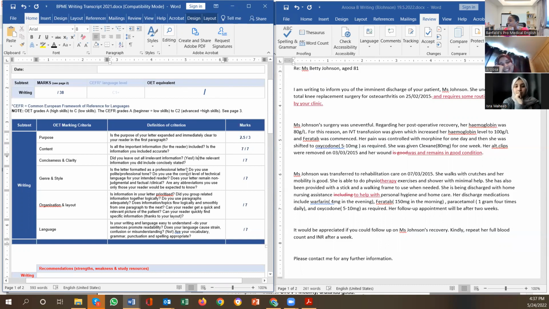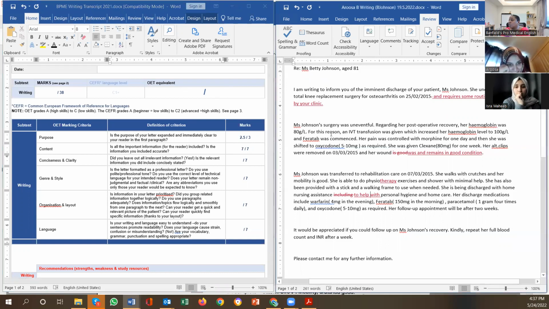What I also like about this letter, 2 things, is the writer realized that you don't have to give any social background because you're writing to the patient's GP. So you can leave out that. And they didn't go back. They started right at post-op. Past medical history and this and that. Because there were a lot mentioned, like he had an atrial fibrillation, some heart condition and this and that. So nothing to mention. So all of that was left out.